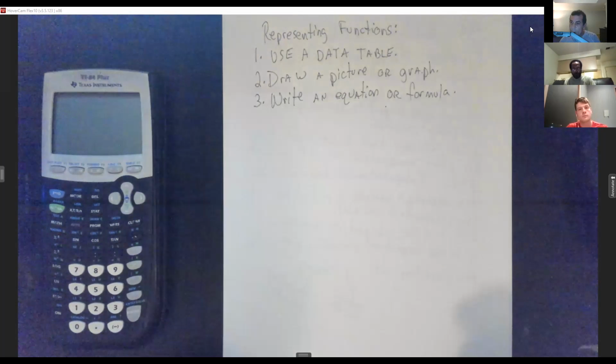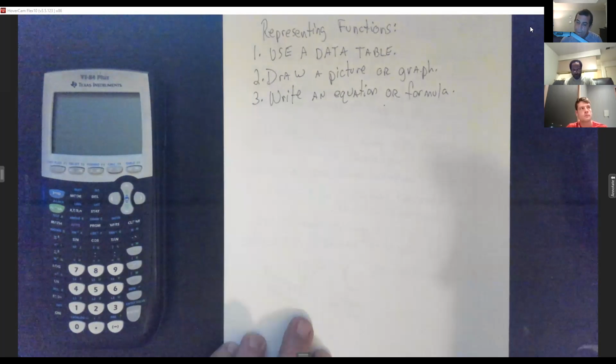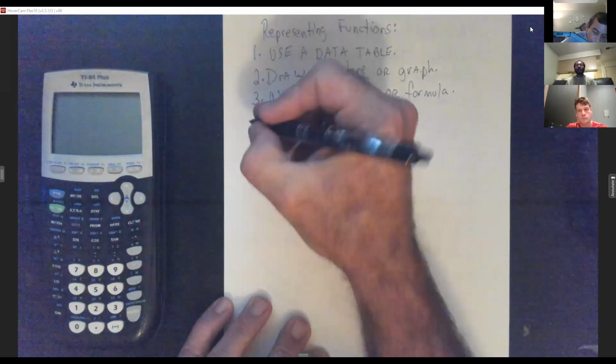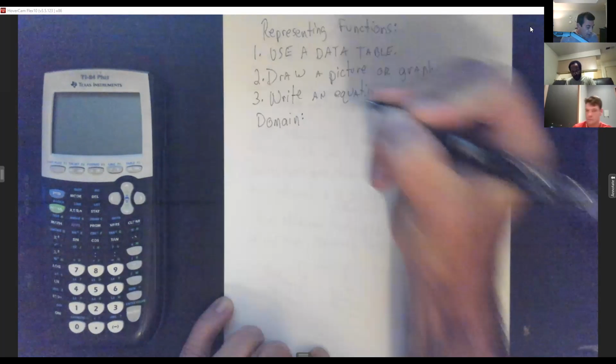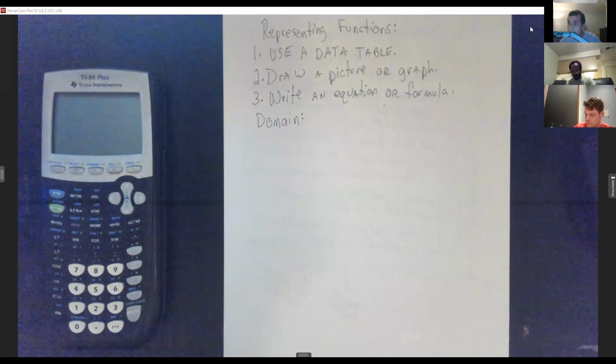So since we're dealing with functions, we need to learn about two key words, domain and range. So the domain on a typical graph would be all the x values.